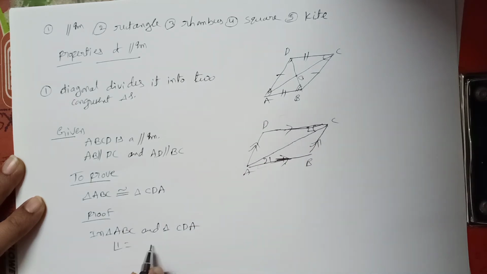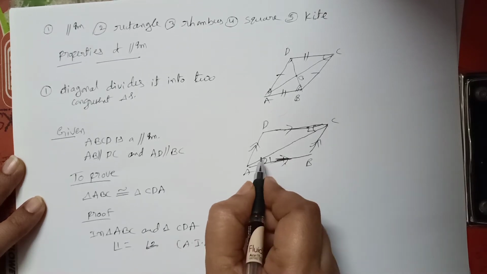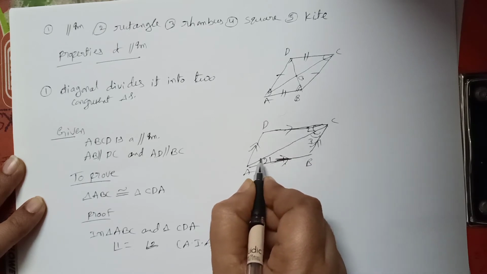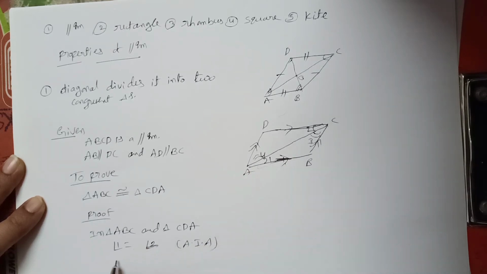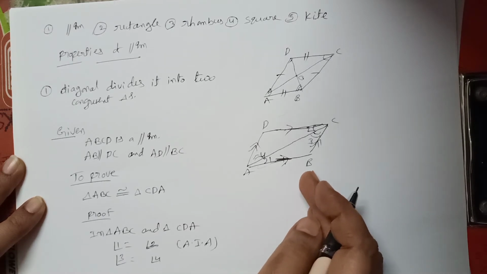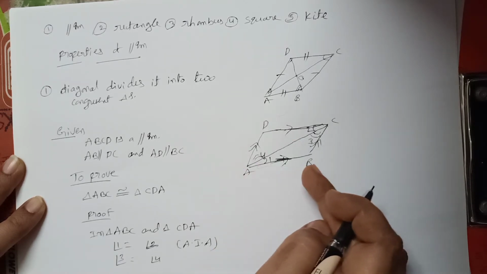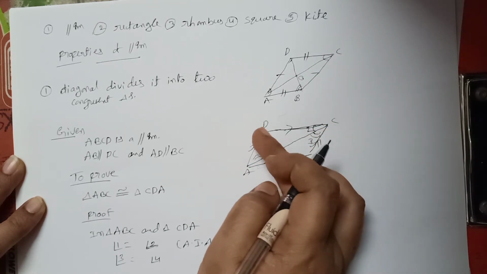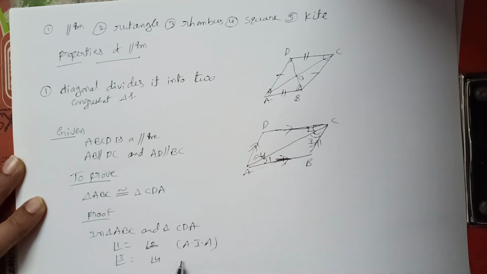Next, the same way, angle 3 is equal to angle 4. Here also AD parallel to BC, then AC is a transversal, then angle 3 is equal to angle 4, alternate interior angles.